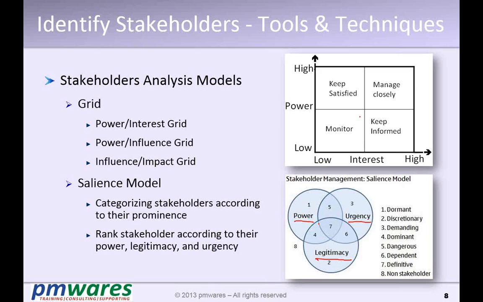He not only has legitimacy but also power. 7 is the most balanced kind of stakeholder, and 8 means outside of this ring, a non-stakeholder. But the grid model is more popular. It is easy to use and can be used to analyze all the stakeholders and plan for them.